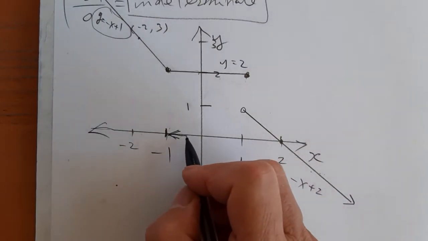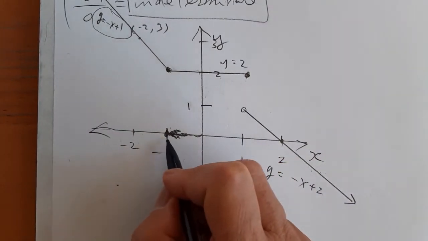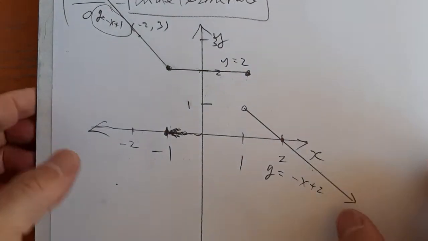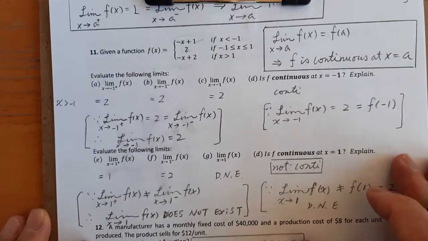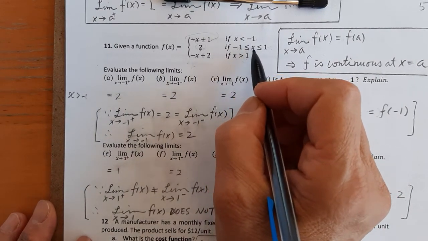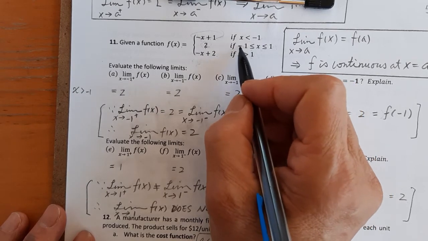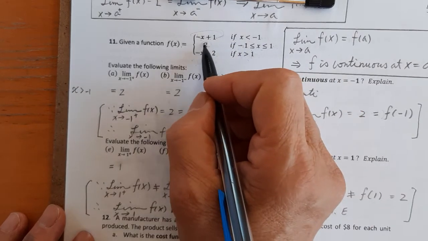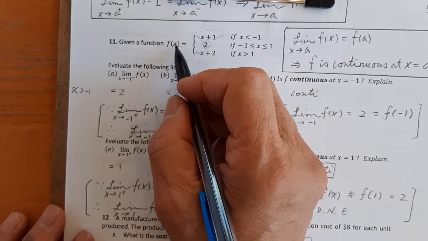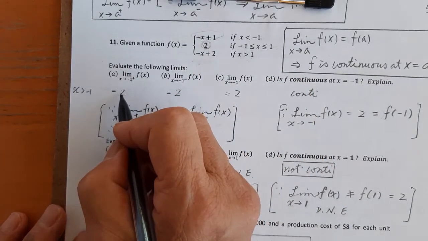So you plug into the piece for x greater than -1, which is this one. This is x less than -1, this is x greater than -1. The function is 2, f of x equals 2. So that limit is just 2.